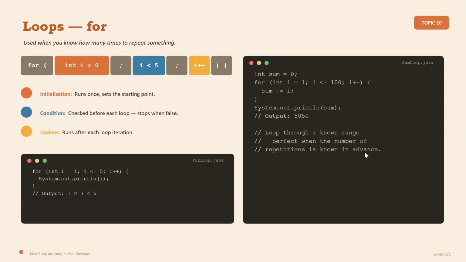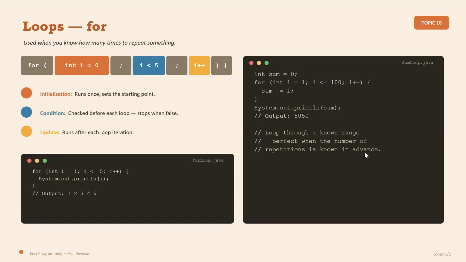Another important thing is loops. So far, programs have executed statements one by one. But what if we want to perform the same task multiple times? Instead of writing the same code repeatedly, we use loops. A loop is a programming structure that allows a block of code to execute repeatedly until a condition is met.